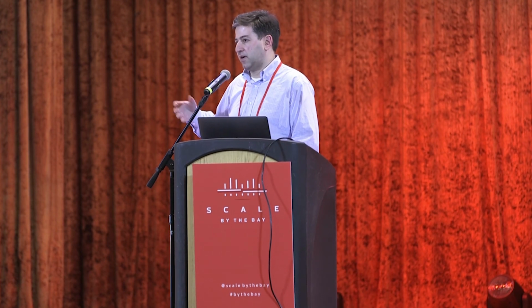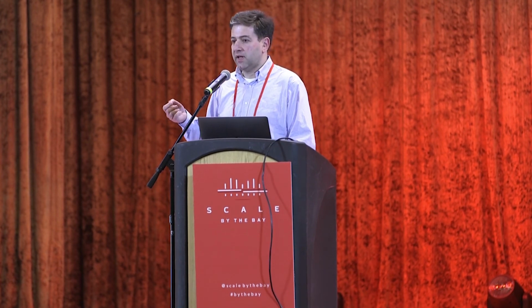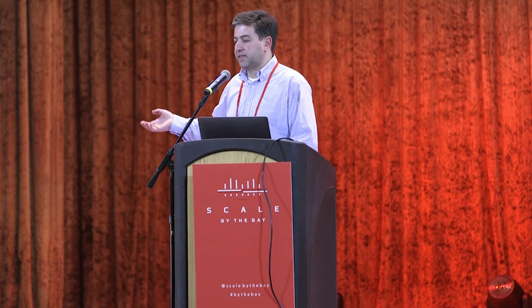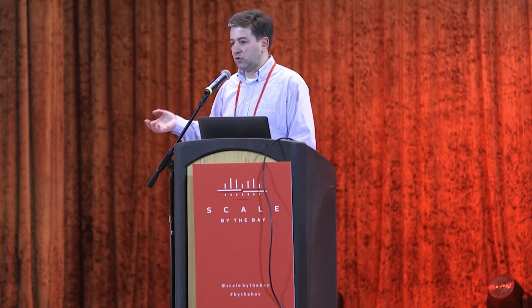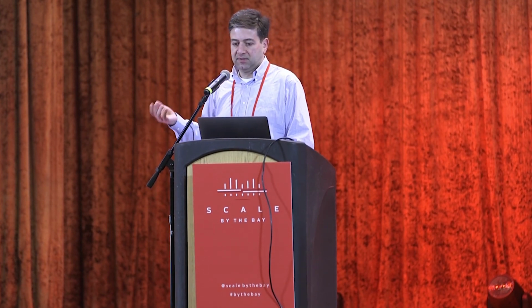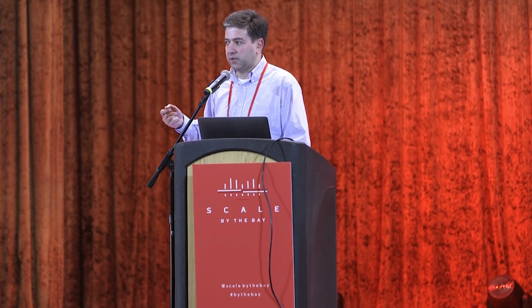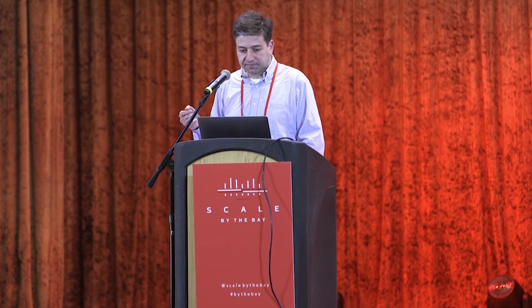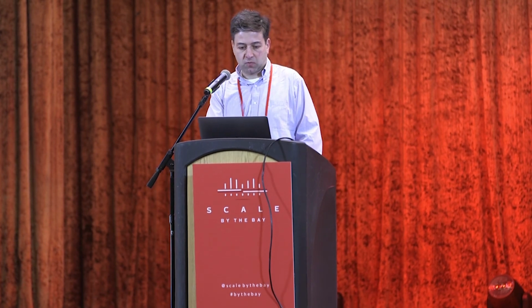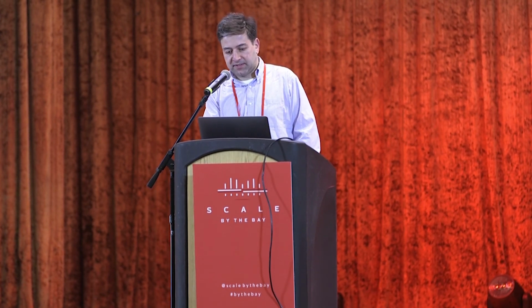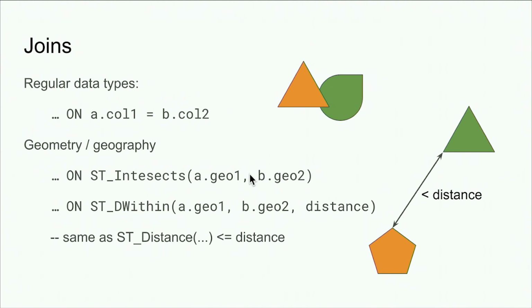You might have a huge table of employees, and a table with the list of fires. So you're joining two tables, and you're writing the same query that you normally do, with the only condition here being ST_Intersects. For example, do those regions have any common point?